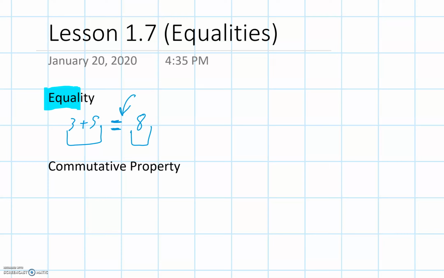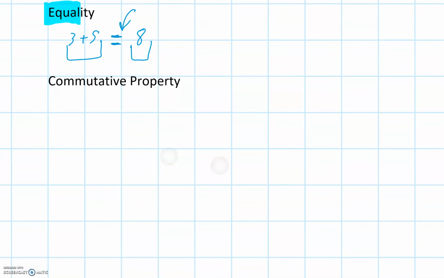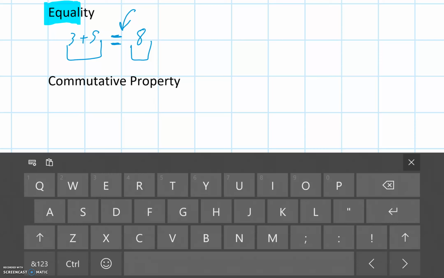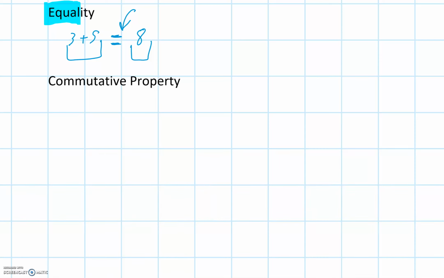Now for 1.7, we look at this thing called the commutative property. And so there are two operations that use the commutative property. To show the first one, we have addition. So A plus B equals B plus A. So to show this, I'm going to draw a line and add something to it.